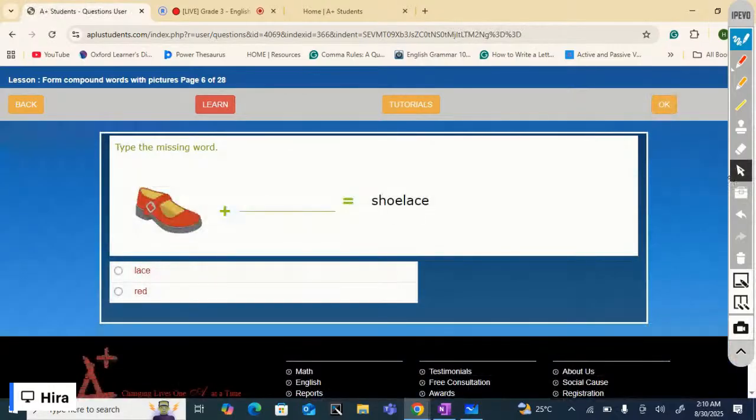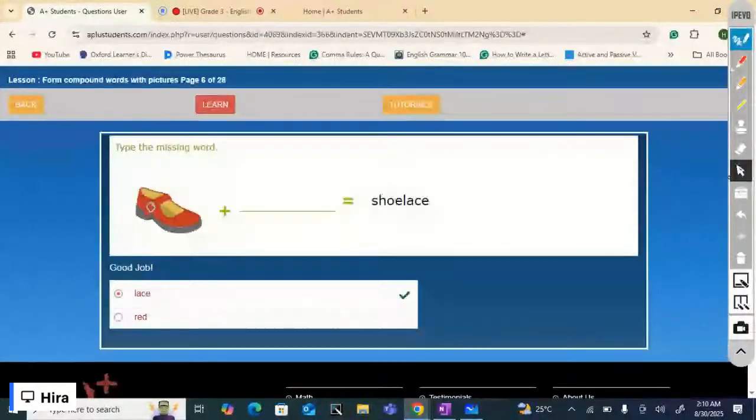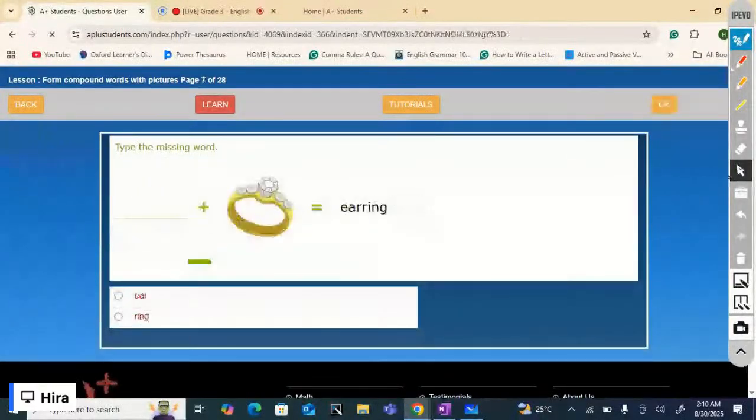Shoe. Shoelace or shoe red? Well, obviously it's shoelace, as you can see. The compound word is given. Shoe and lace. When you join these two, you get shoelace. Shoelace is used to tie a shoe. Ear, ring or ring, because the word is missing here, and with this picture we have to guess the second smaller word.